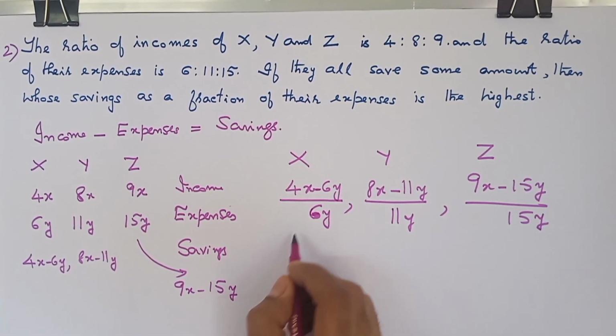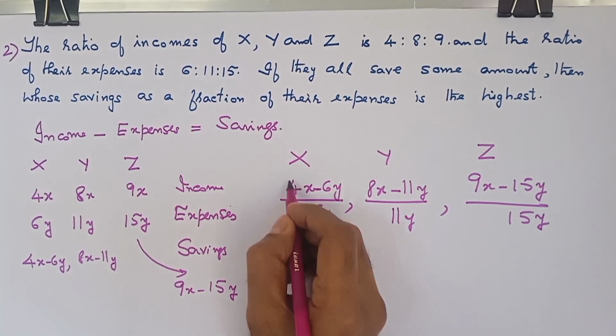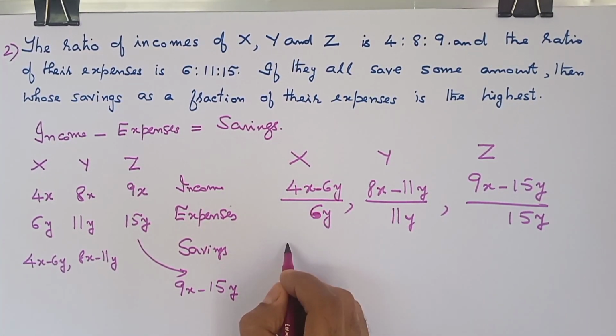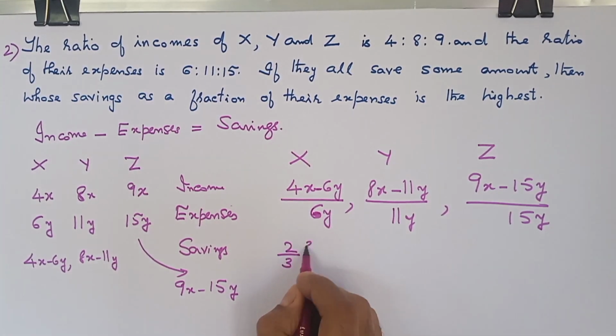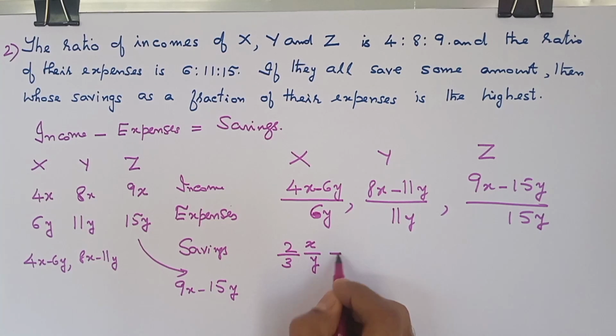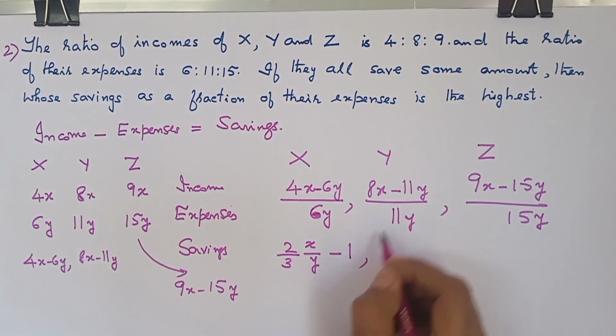You can further simplify this. You divide each of them by 6y. 4 by 6 is 2 by 3. And this will be just 1.